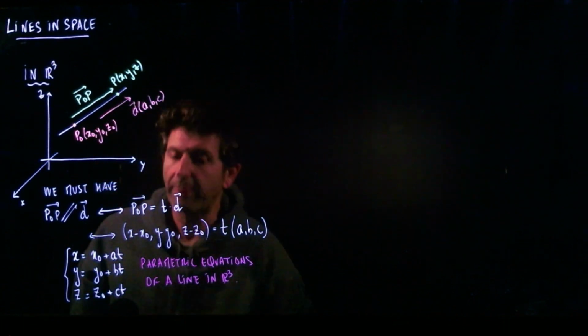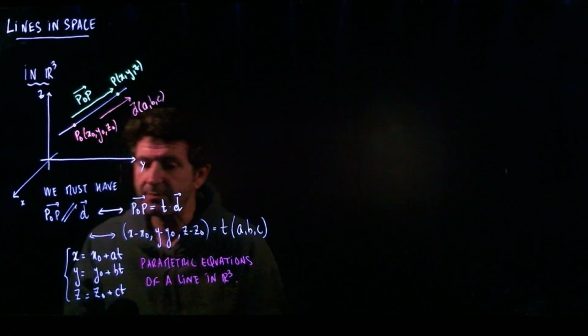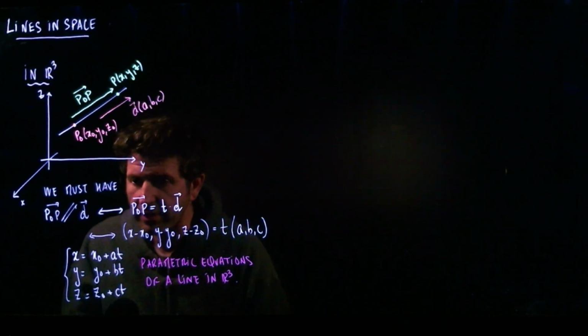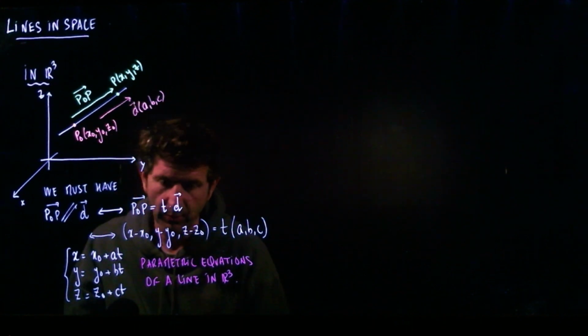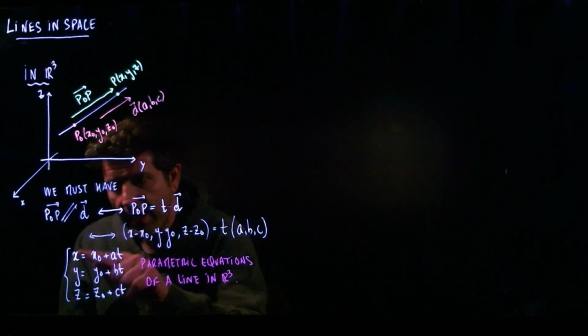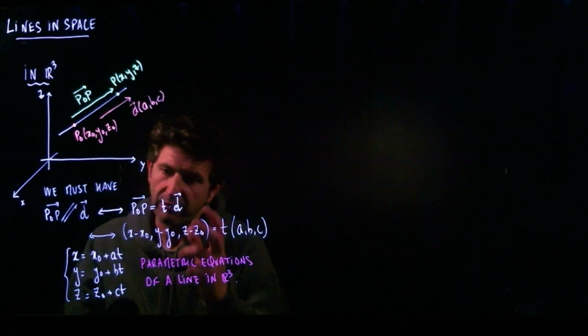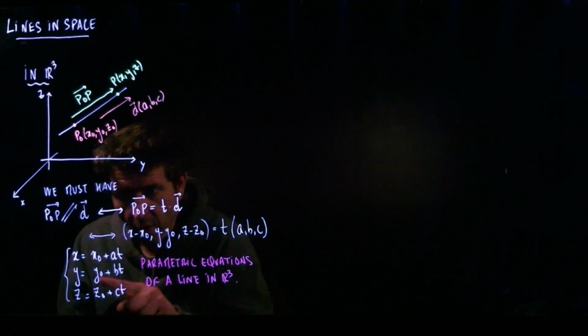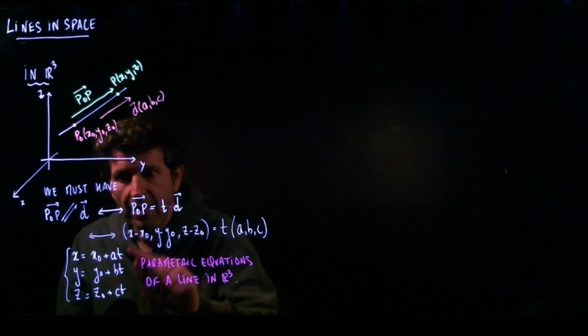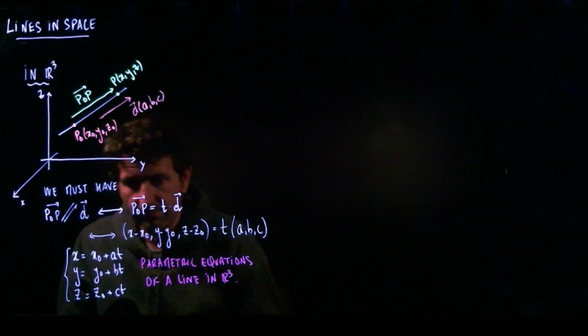It's called parametric because t is my parameter here. Everything depends on t. t generates points. Depending on what t is, x, y, and z take on different values, so it's a different point on the line. Don't forget, x0, y0, z0 is given, ABC is given.